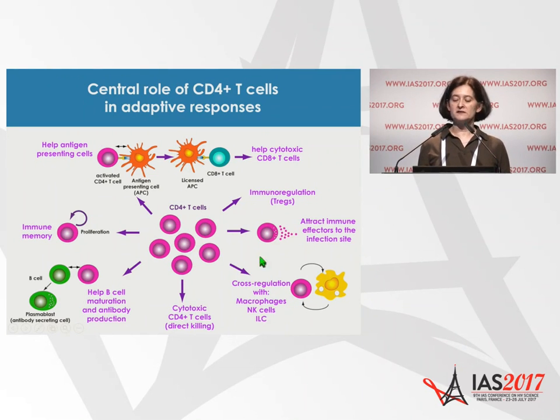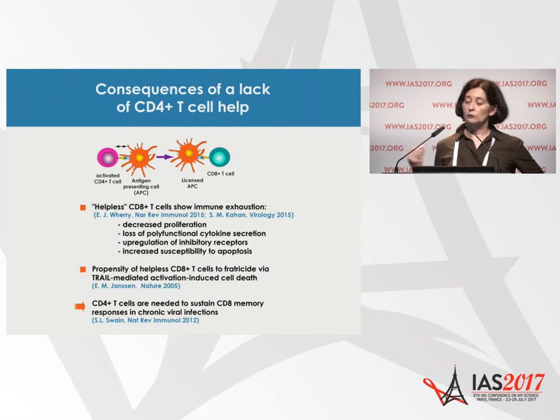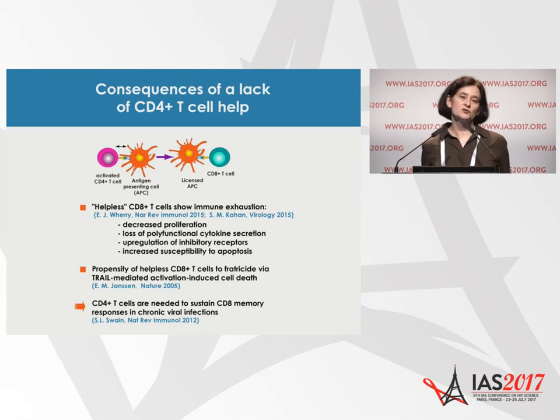A function that is often neglected is that CD4 T-cells attract other immune effectors to infection sites because they produce abundant chemokines. And the issue is that when we are in a situation of a lack of CD4 T-cell help, as you well know, basically there is progression to immunodeficiency and AIDS.